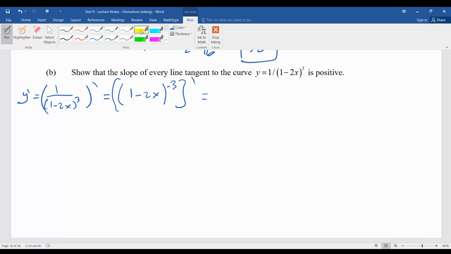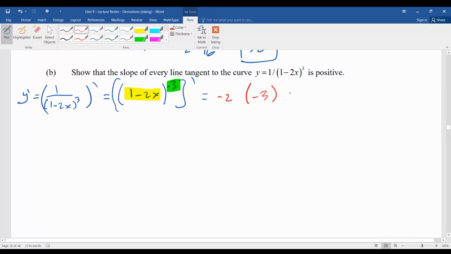Now the inner function will be 1 minus 2x. The outer function would be that exponent negative 3. So the derivative of 1 minus 2x is negative 2. And the derivative of the outer function just uses the power rule, so negative 3 times 1 minus 2x to the negative 4, because it's subtracting 1 from negative 3.